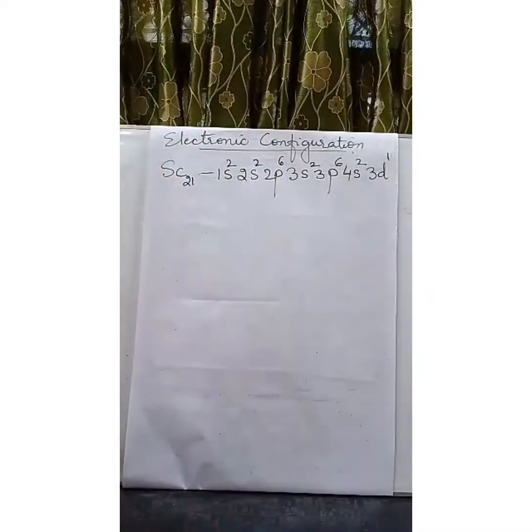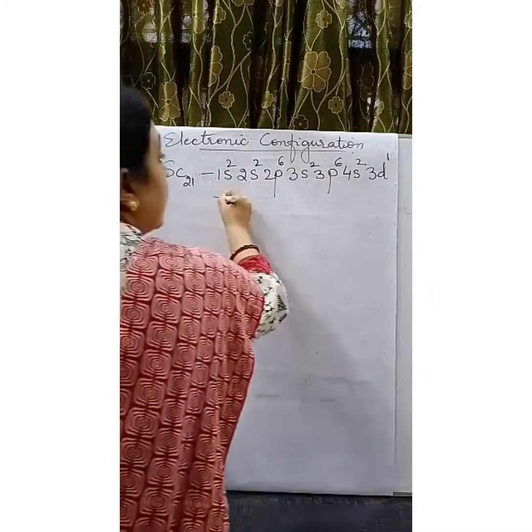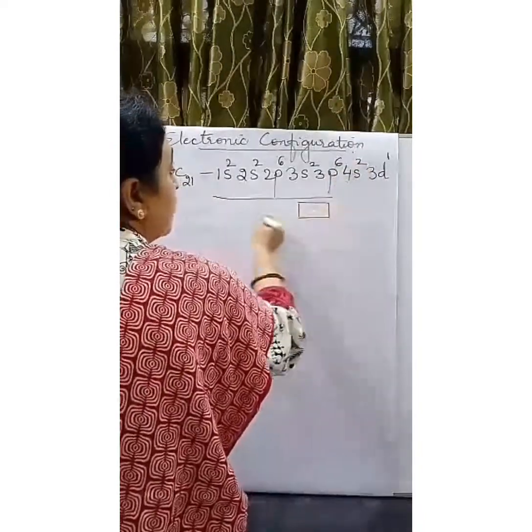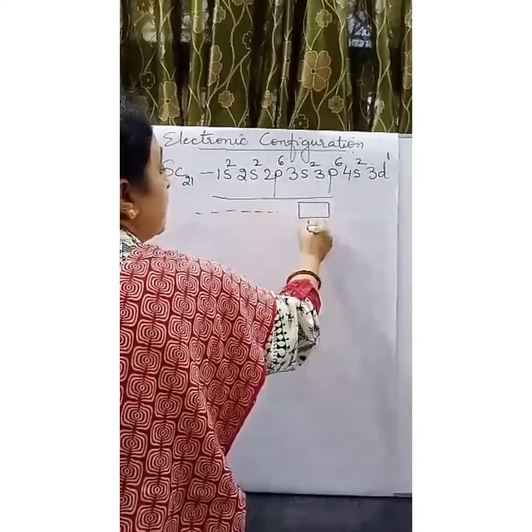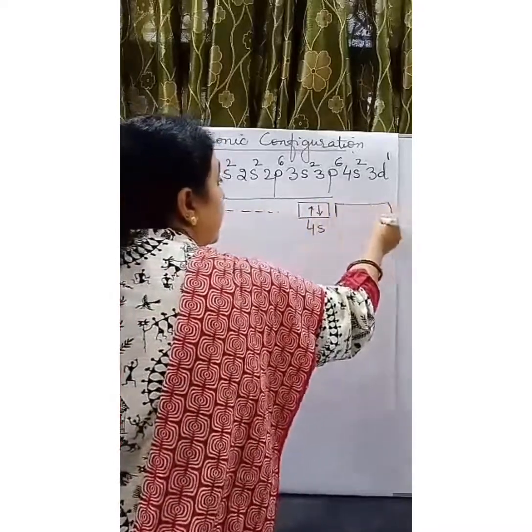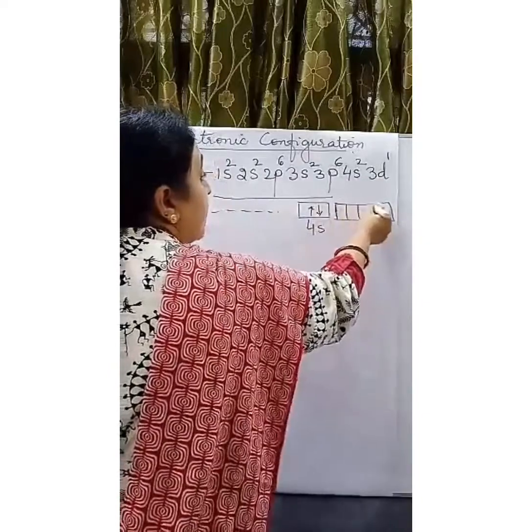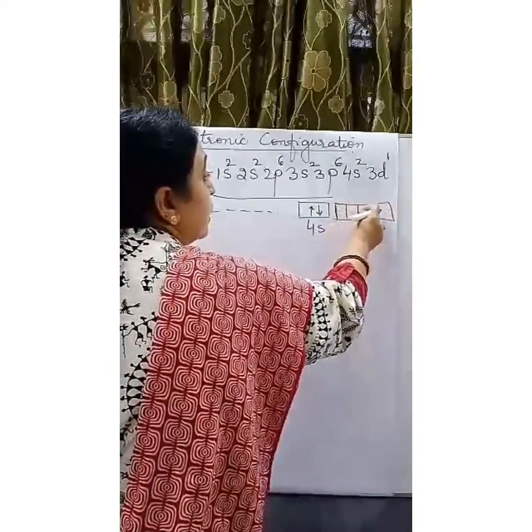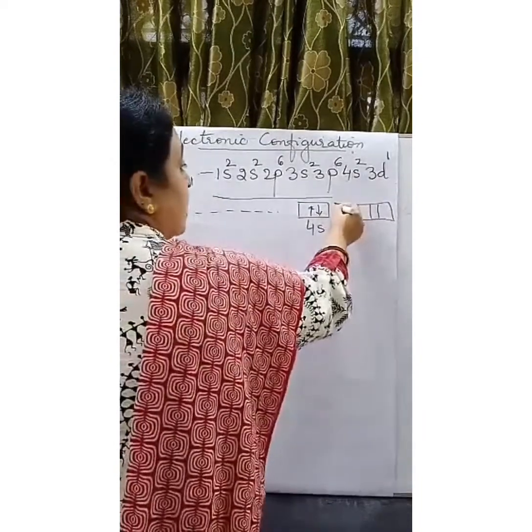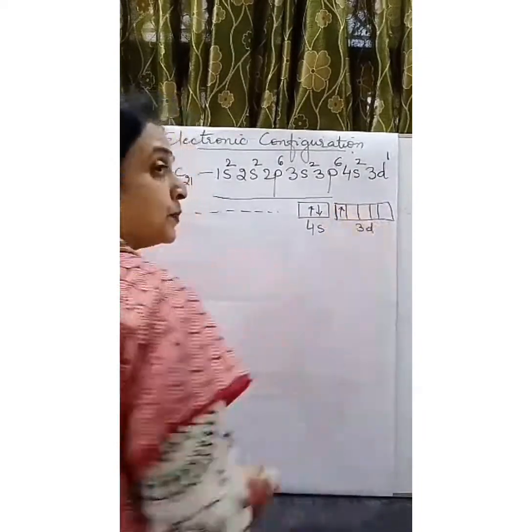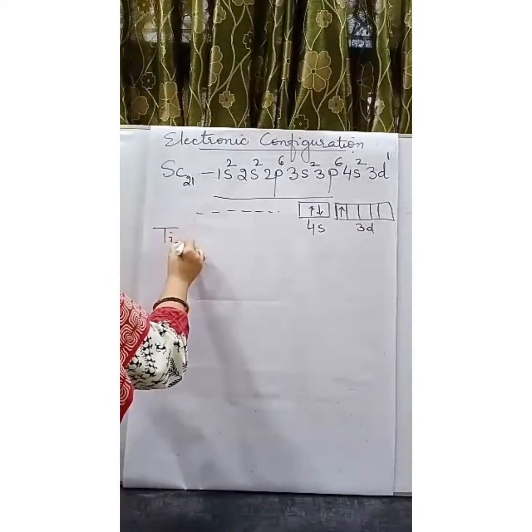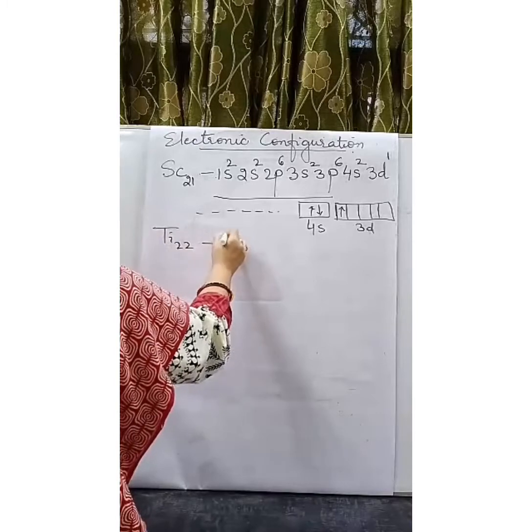If you draw the orbital diagram, this is going to be the same: 4s gets 2 electrons and 3d has 5 degenerate orbitals, 1, 2, 3, 4 and 5. So 1 electron is going to come here. This is 3d.